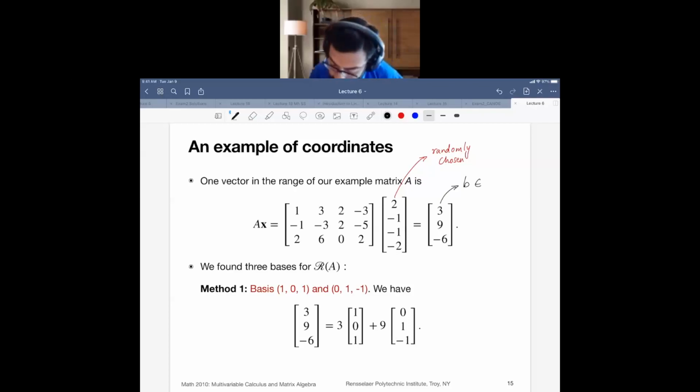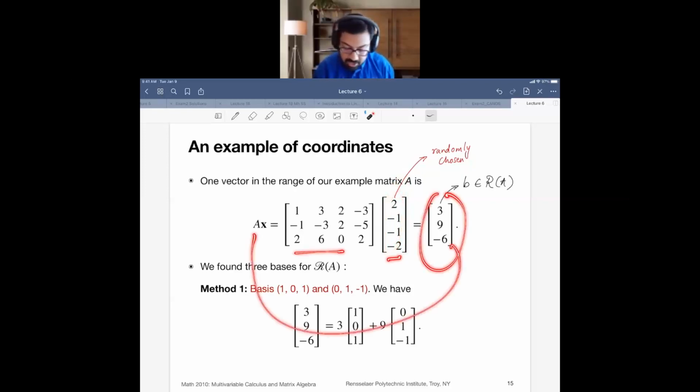Range, exactly. That's how we are defining range. For some x, if you do Ax, you have to be in the range. So if you randomly choose this particular vector x, when you do Ax, you will get a vector b that belongs to the range of the matrix A.